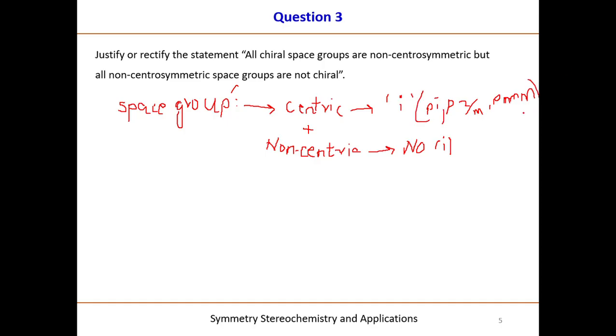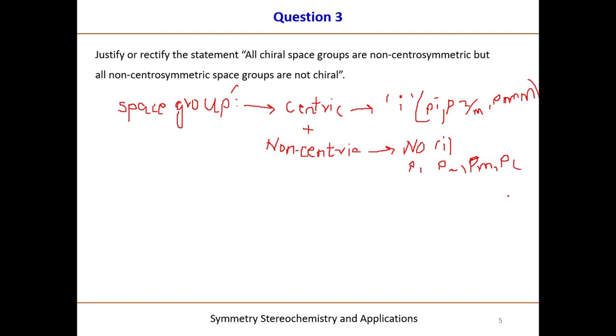While in the second case, where there is no I or center of inversion, a non-centric molecule contains P1, P2, PM, PC, etc. space groups.